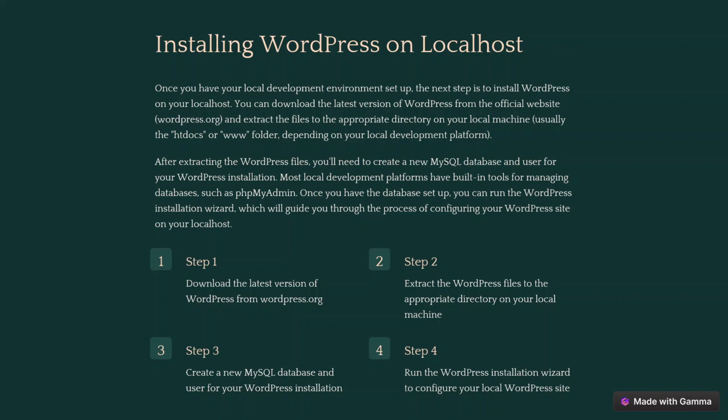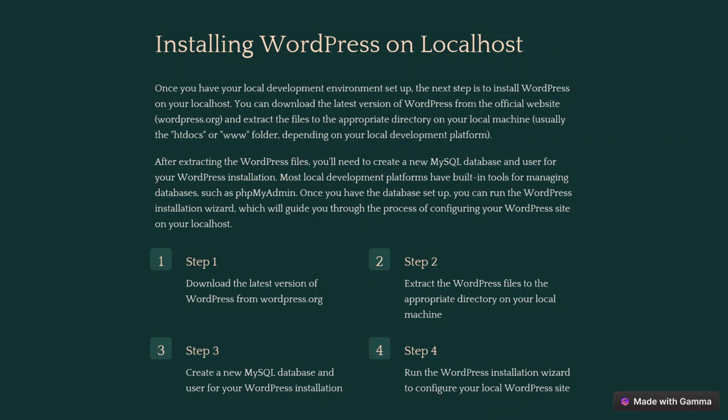Depending on our local development environment, if we are using XAMPP, then we have to extract the files to htdocs, or if we are using WAMP, then we have to use the www folder. For AMPPS, we also use the www folder.